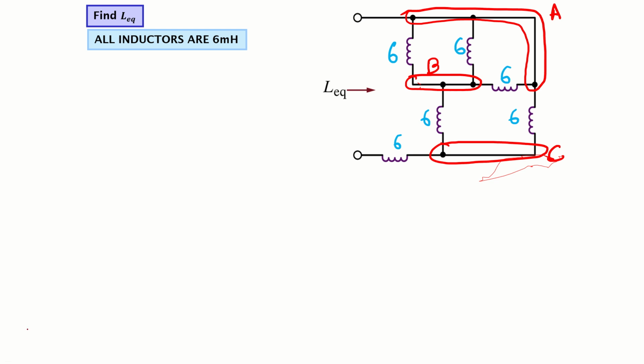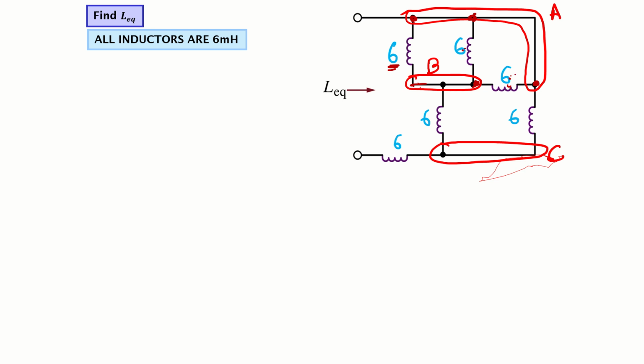All right, moving on. What we can notice here is that this 6 millihenry is connected between node A and node B, right? This 6 is also connected at A and also at B. It means 6 and 6 are in parallel, right? Oh, there is another 6. What about this? This is also connected at A and this is also connected at B. What does this mean now?